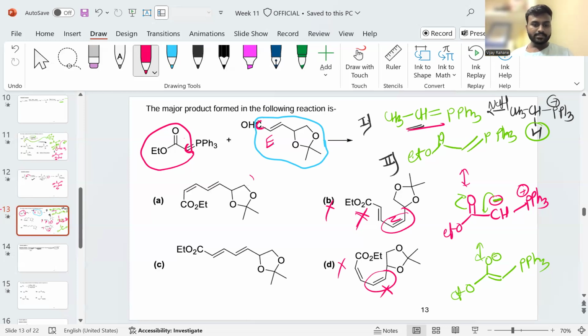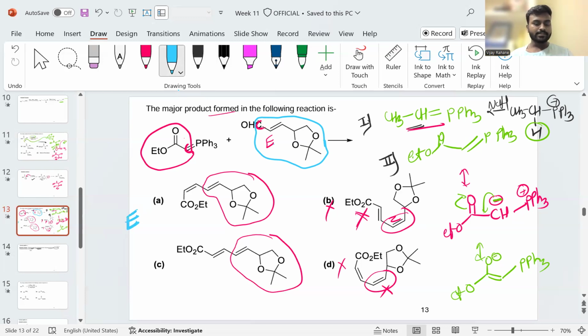If you look at these up to here, both are okay. Now the question is the product after the reaction. We have performed the reaction on the stabilized Wittig salt, so we should get the E geometry, right? Because a stable Wittig always gives the E geometry.